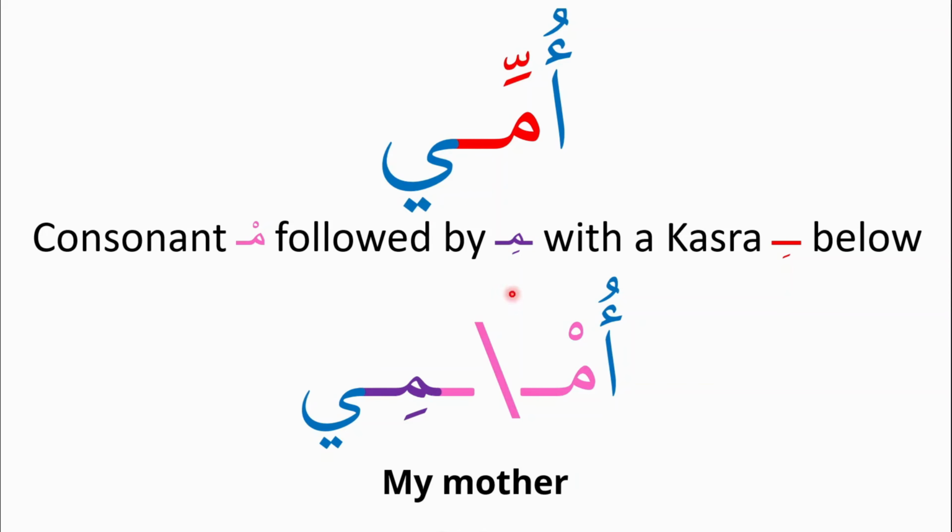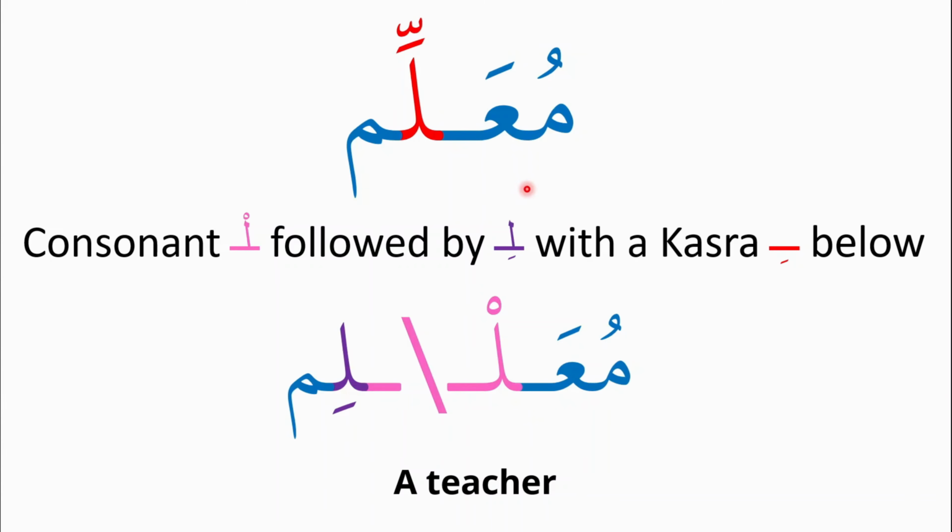If I want to break it down, it will be consonant ميم followed by ميم with the كسرة below. So أمي, أمي as one part. Another example, the word معلم, which means a teacher.